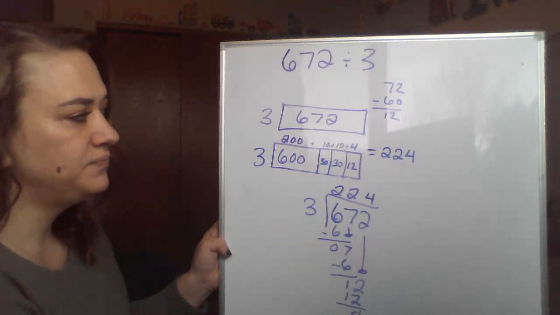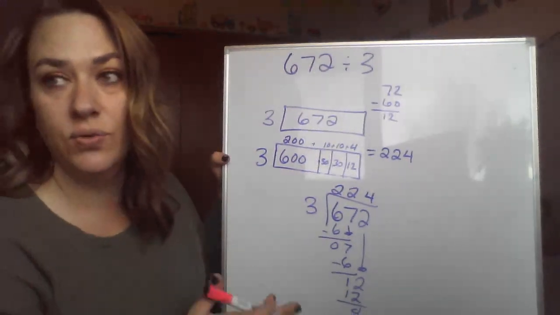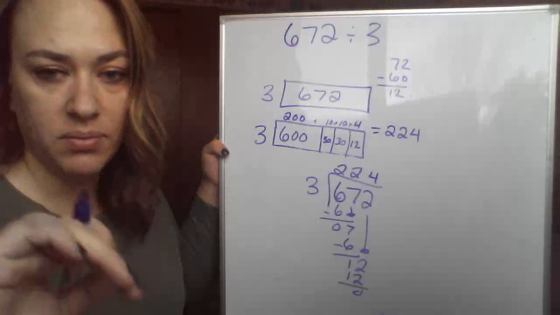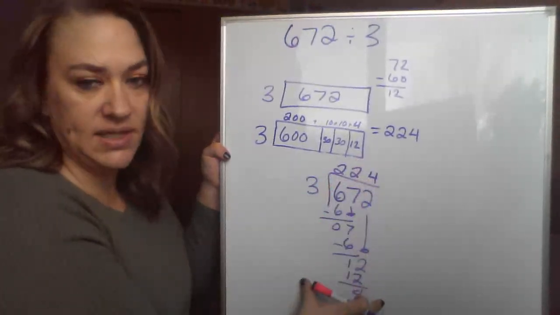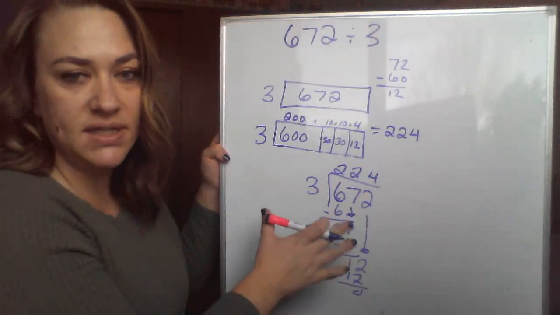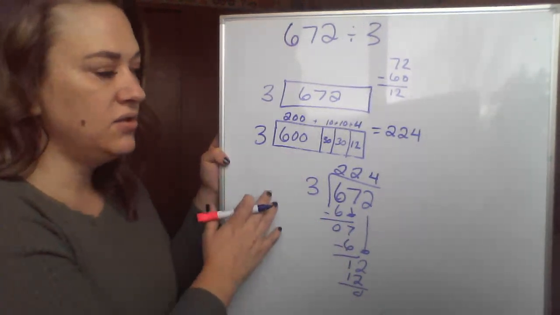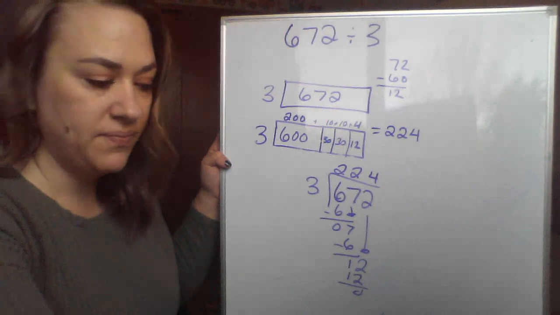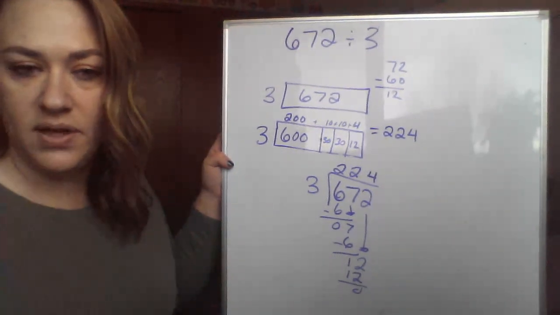But like I said, this is just another tool. It's not a mandatory way for you to solve division problems. If this is making more sense to you, then you can stick with that. This is just another tool, another strategy, if you like it. Okay? All right, so let's do another one.